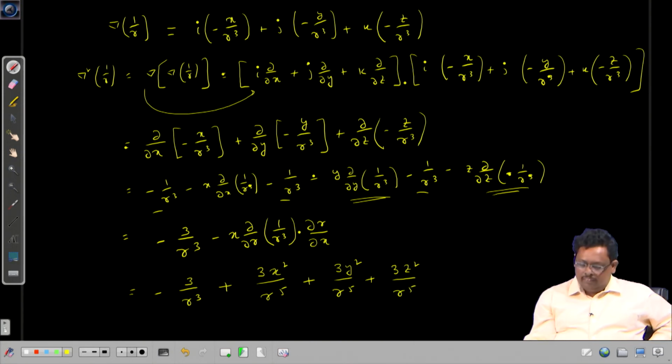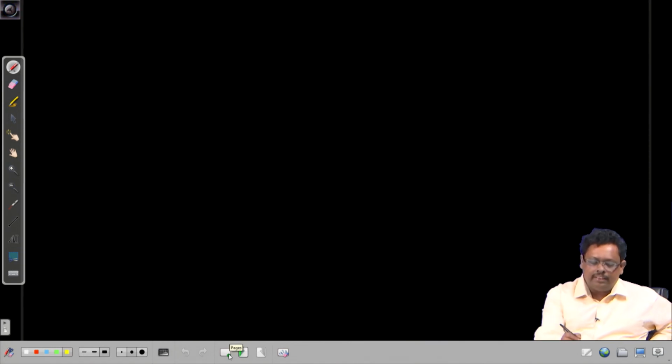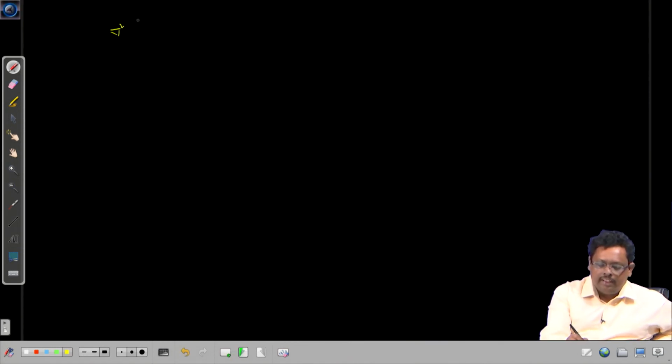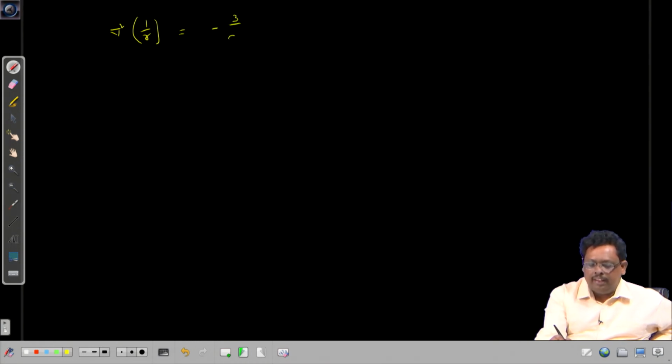So, you can do by your own, you can check that, and then finally, interestingly, what I get is del square of 1 upon r equals minus 3 by r cube plus, if I take common 3 into x square plus y square plus z square divided by r to the power 5.